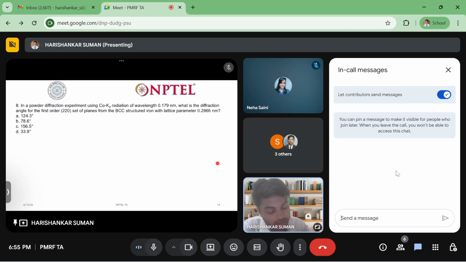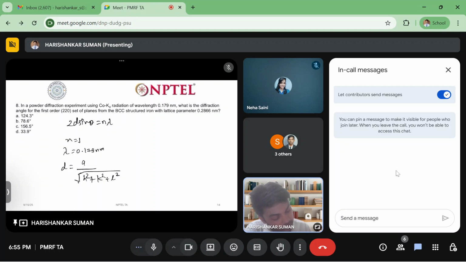Now we have to calculate theta. 2d sin theta equals n lambda. N equal to 1 is given, lambda is given, and you have to calculate theta.